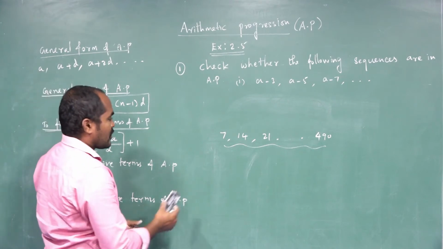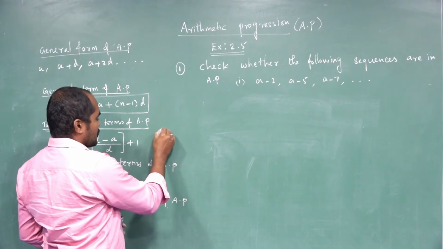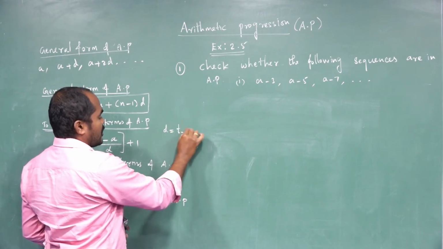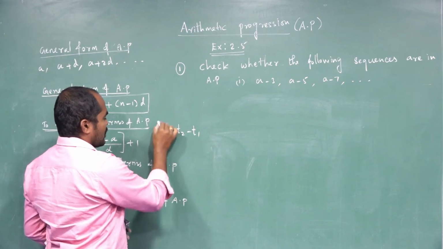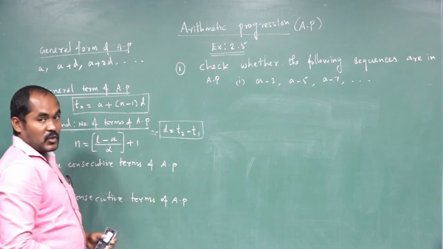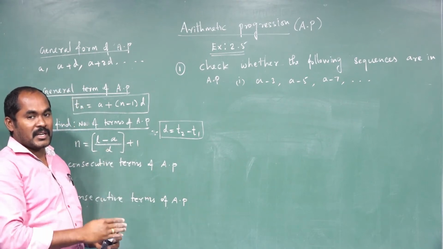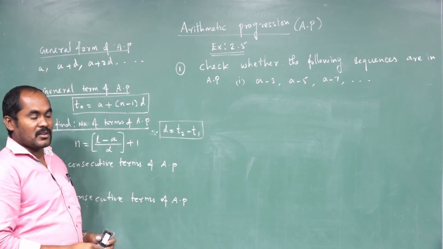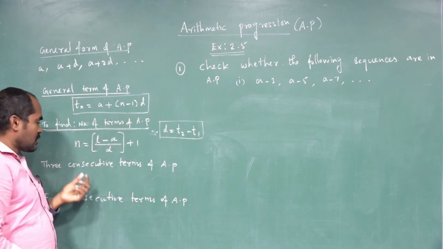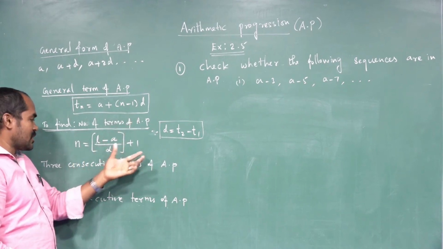How to find the common difference? Listen, the common difference D is equal to T2 minus T1, that is second term minus first term, or third term minus second term, fourth term minus third term. To find the number of terms we use n equals (L minus A) by D, plus 1.